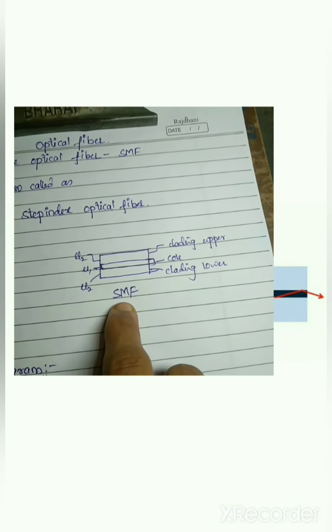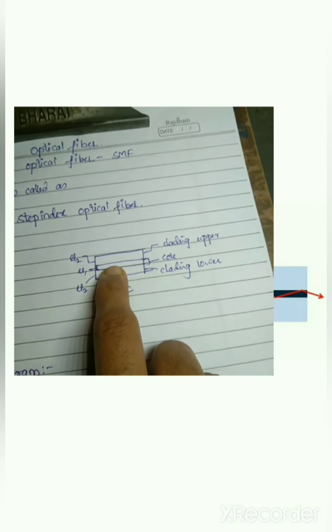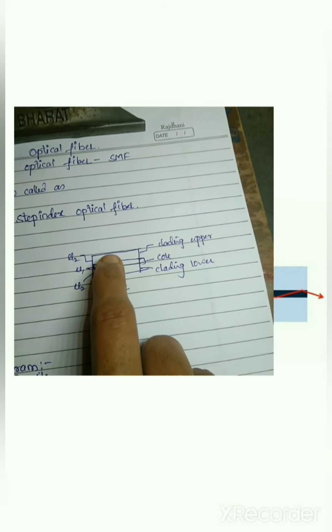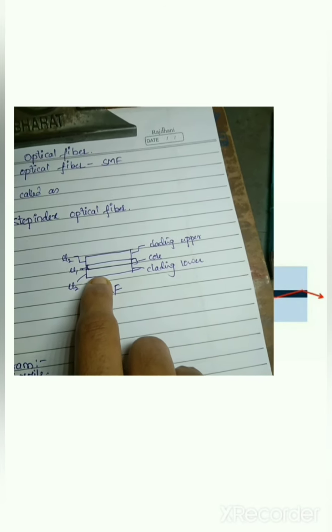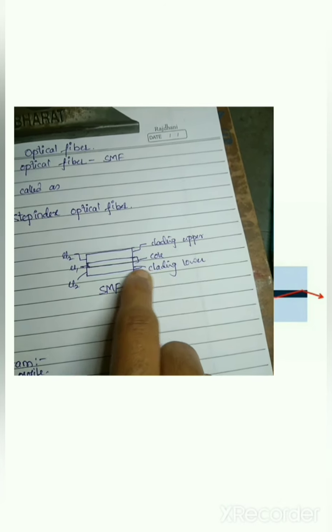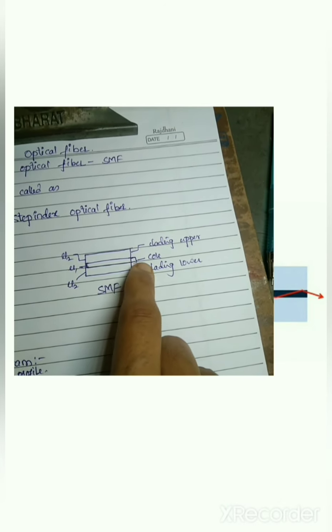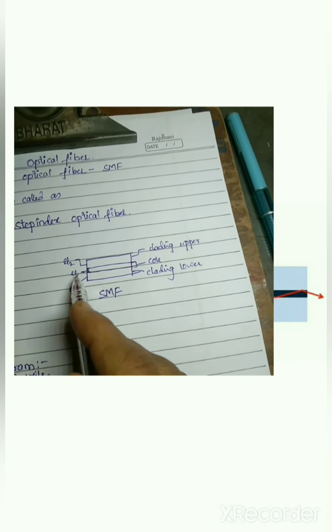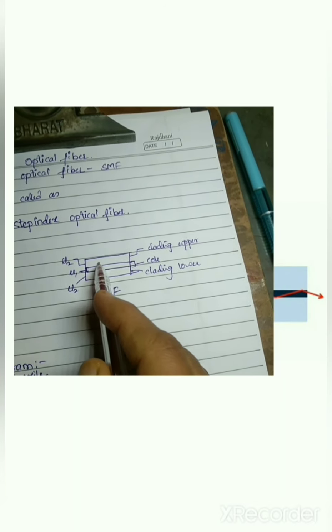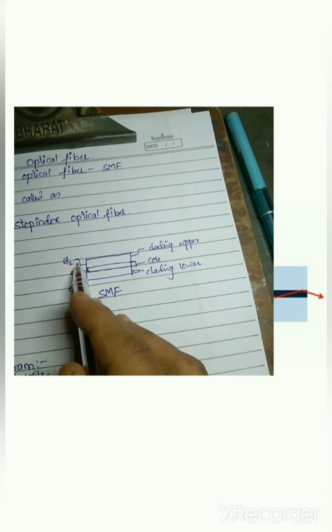To understand SMF, let us draw a small SMF. To construct it, we need a core, the smallest of small cores, and two claddings. One is the upper cladding and the next one downwards is called the lower cladding. Core has its own refractive index, called mu1. Cladding also has its own refractive index mu2.